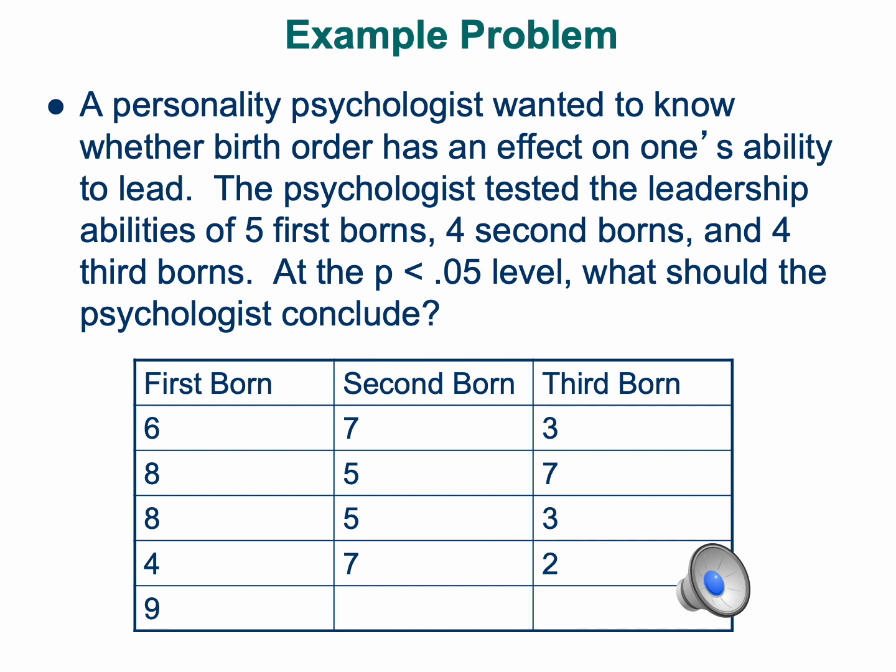At the probability level of 0.05, at 5%, what should the psychologist conclude? The psychologist goes out and collects samples of firstborn children, secondborn children, thirdborn, or adults, I guess. I guess it doesn't really matter. And tries to find out if there's a relationship between this category of birth order and the dependent measure of leadership skill. So here's the setup for the problem, and now we'll go through it.